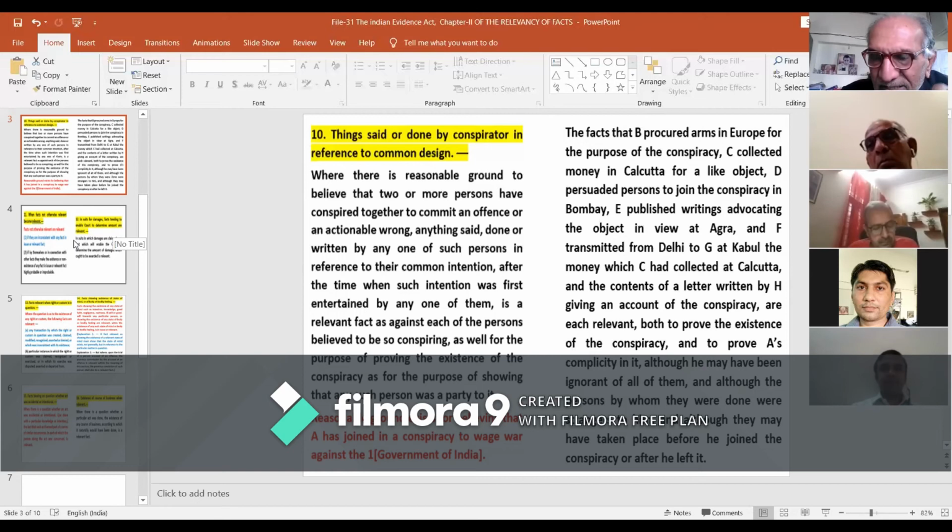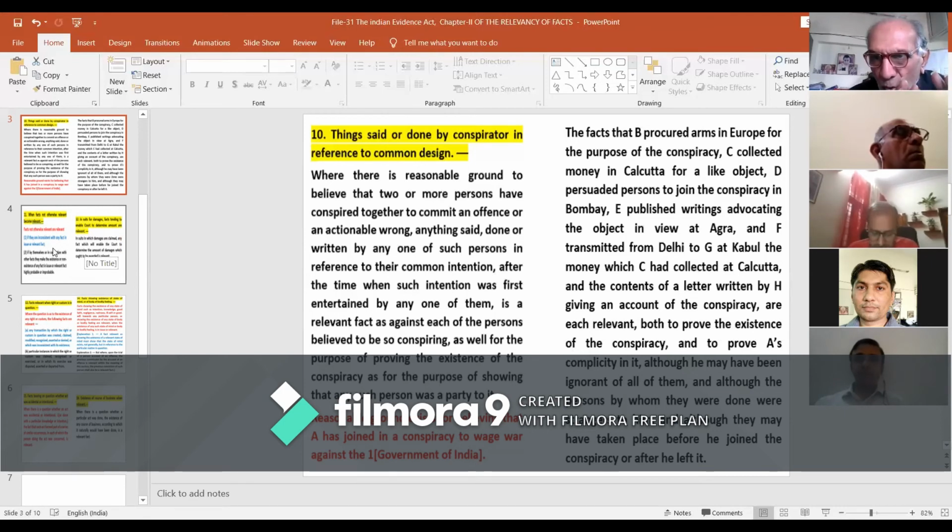Secondly, it can be specifically utilized to prove the existence of a conspiracy, to prove the common intention, and also to prove that the conspiracy which was hatched has been acted upon or not.